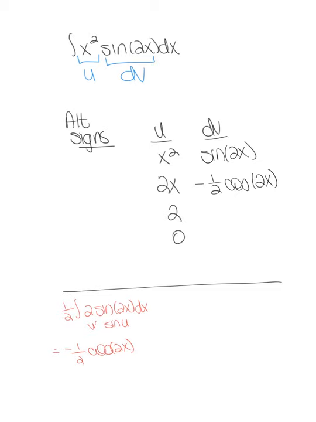Now coming back up to my table, I need to integrate that again, and using that same thought process, I'm going to wind up here with a negative 1/4 sine of 2x. And then one more time, I'm going to do that integration, and I'm going to wind up with a positive 1/8 cosine of 2x. And let me move my 0 down here.